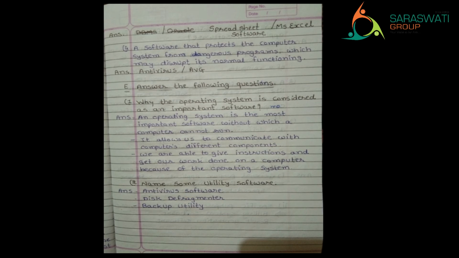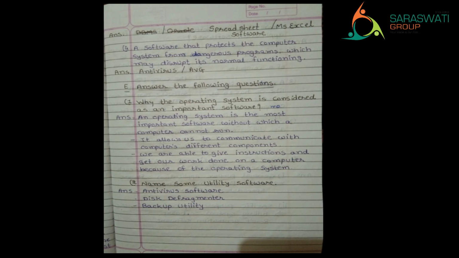See here, an operating system is the most important software without which a computer cannot run. Yes, if we are not installing operating system in our computer, computer will not work only, right? Operating system is the heart of a computer. जैसे CPU उसका brain है, तो operating system क्या है?